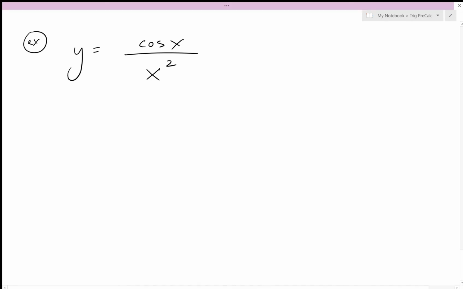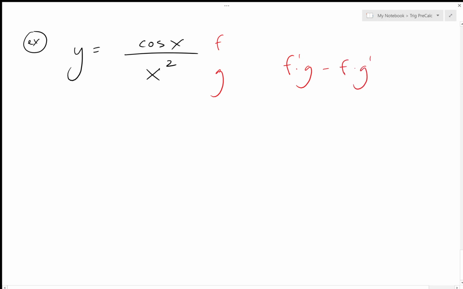Let's go ahead and take the derivative of y equals cosine x over x squared. So we've got a little bit of mix and match on this one. Again, top is f, bottom is g. So we're using our quotient rule over g squared. Okay.